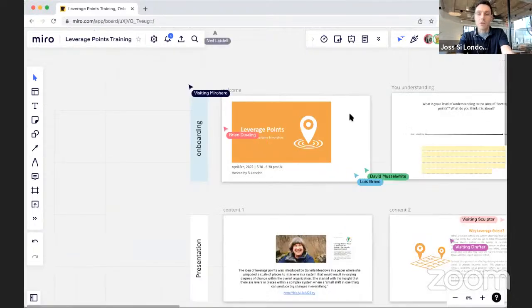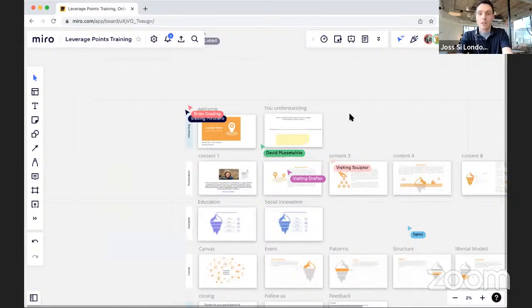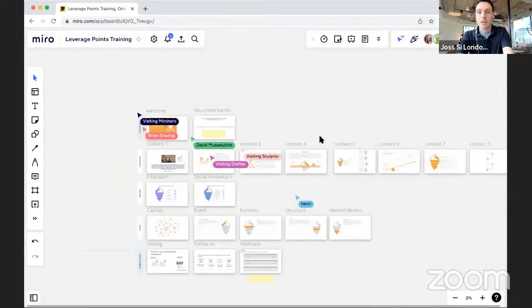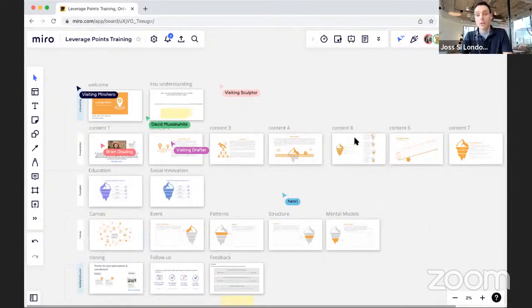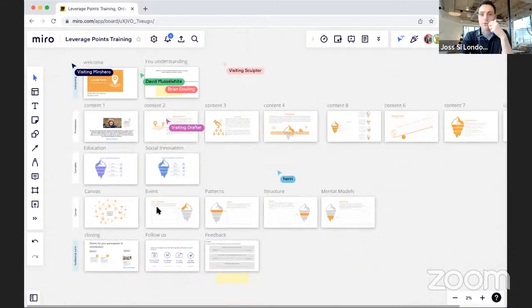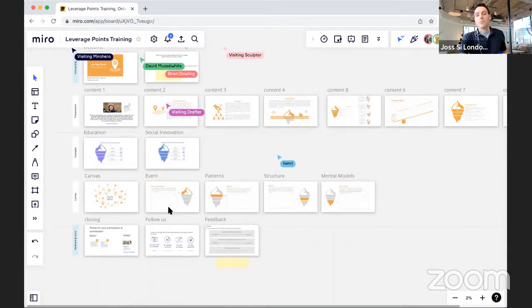I'll give you a quick overview of what we'll be covering today. We're going to be working on our Miro board. Firstly, I'll give a short presentation for maybe 20 minutes or so about this idea of leverage points, where it comes from, what it is, and how we might use it in the context of systems change. We'll then look at a couple of examples in the third section. In the fourth section, we'll be jumping into a canvas and working on the Miro board.